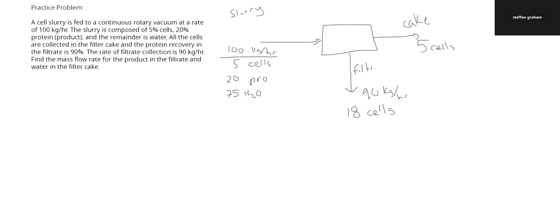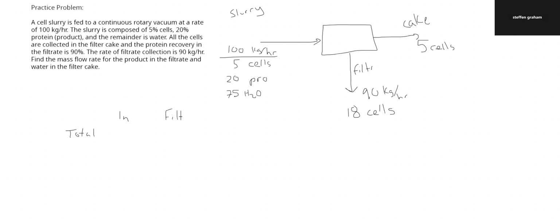So I guess we touched on this a little before, and I said I wasn't going to do it, but I'm going to write it out here. If you were doing your total mass balance, you have your inlet stream and you have your filtrate stream.